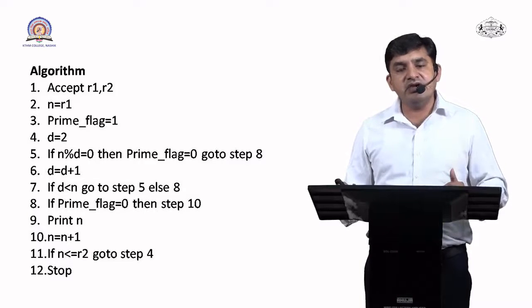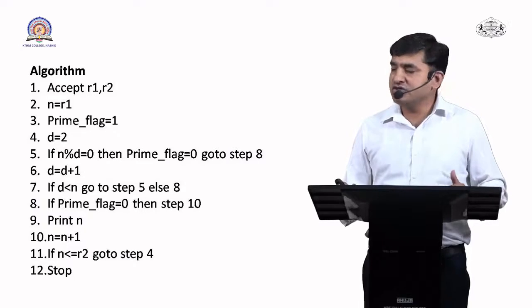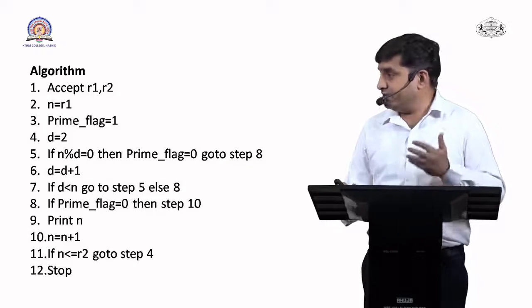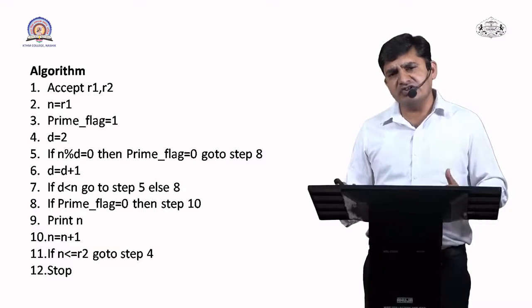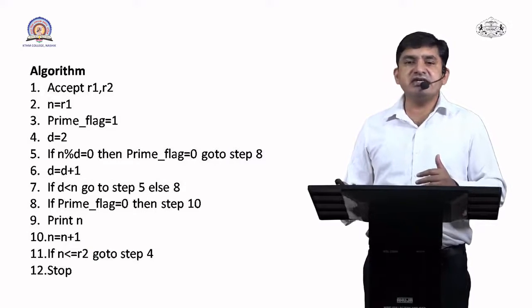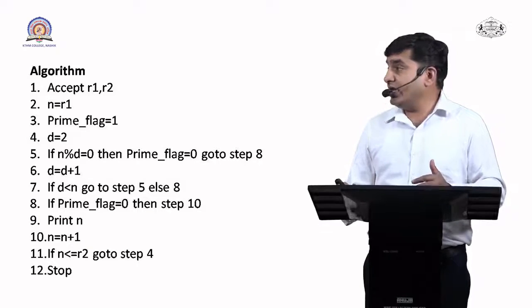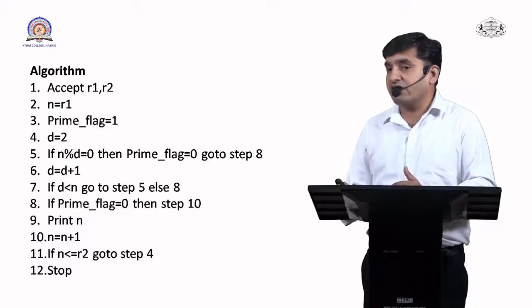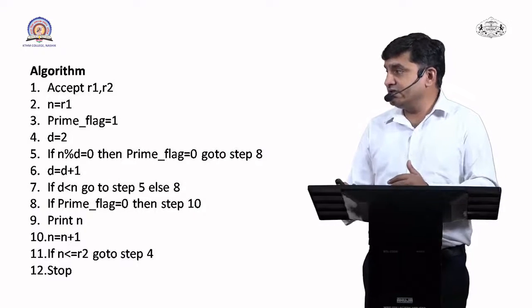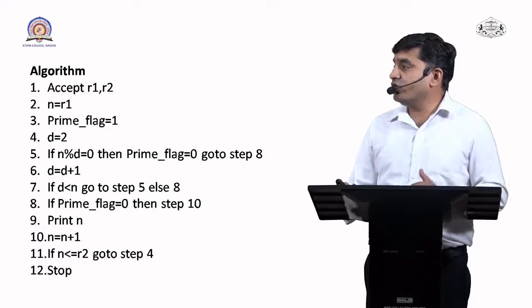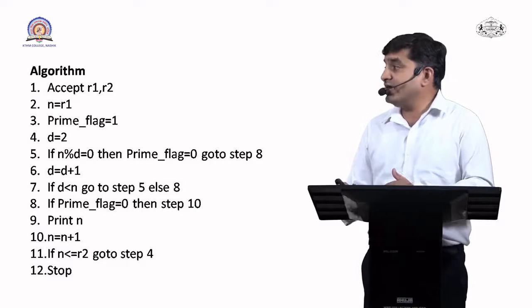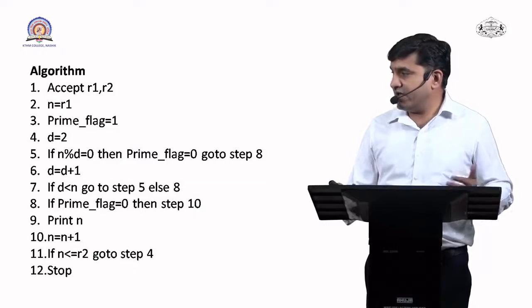Now increment d by 1, so d becomes 3. Now we have to check the condition. Is d less than n? Here n is R1. If d is less than n, go to step 5, else go to step number 8.